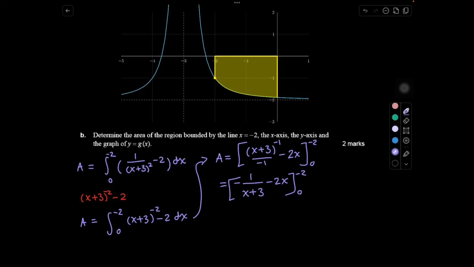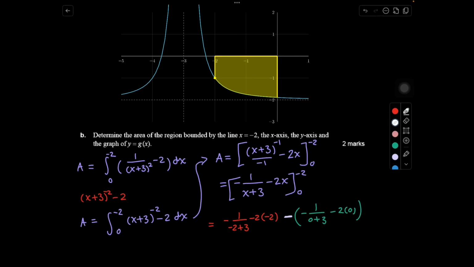Now we can substitute our terminals in and then work out the rest. So let's do that. When we sub in our -2, we get this. And then you do minus, and then you sub in the 0. Perfect.